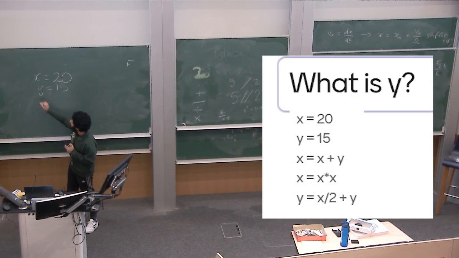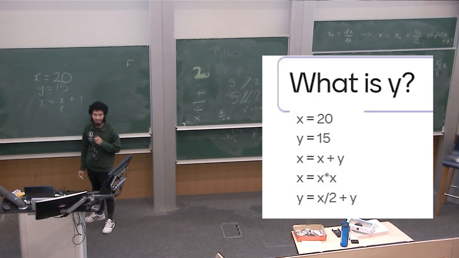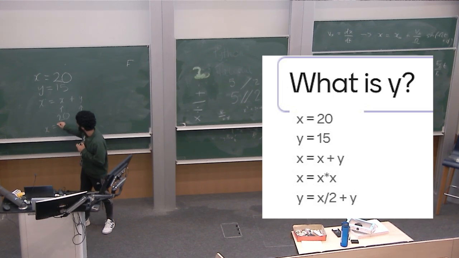Then our next line, x equals to x plus y. What's x equal to right now? I think someone said 20. Yeah, that's right. What's y equal to at the moment? Yeah, y is equal to 15. Right now, x is equal to 35. It's not 20 anymore. Okay?